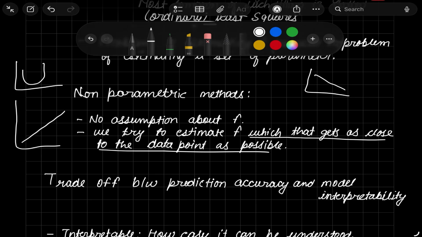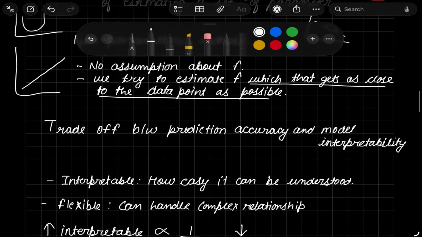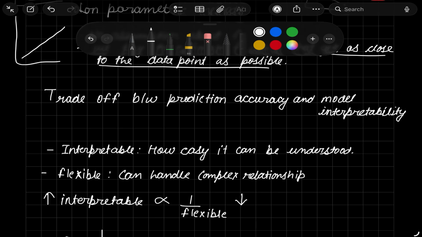Now the second thing, after we choose the parametric or non-parametric way, we have prediction accuracy and model interpretability. We have two terms, interpretable and flexible. We say a model is interpretable when we understand how it makes the prediction.